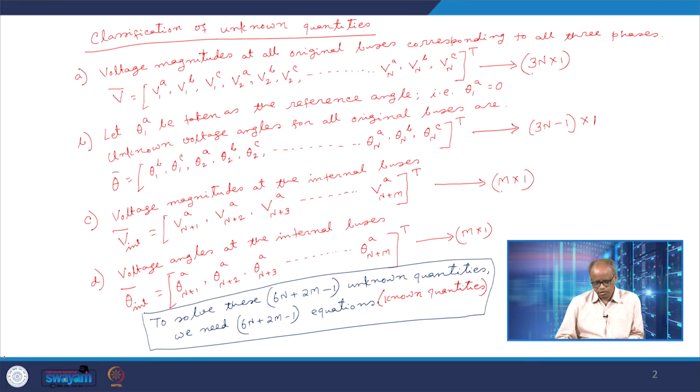So, going by this logic, we have got a total of m voltage magnitude unknowns.